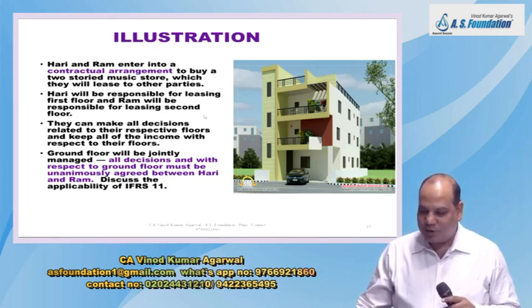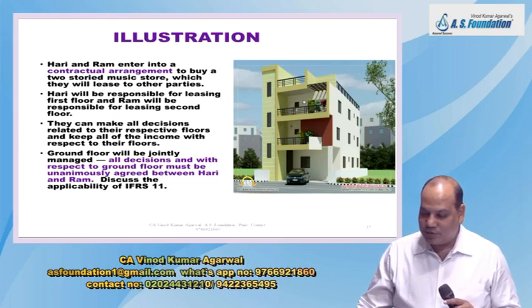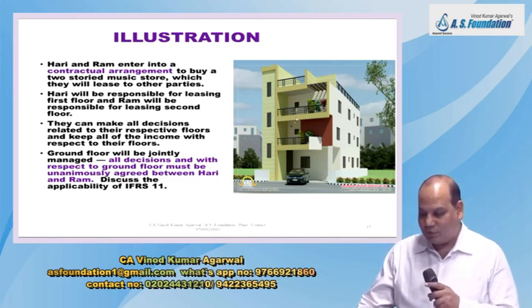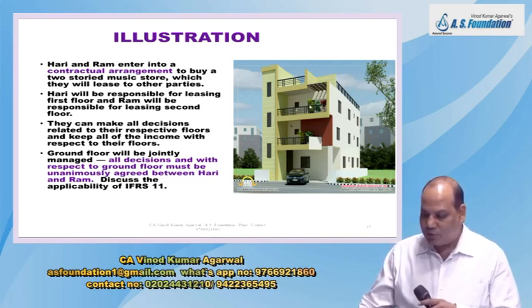Hari will be responsible for leasing the first floor. This is Hari's floor. Ram will be responsible for leasing the second floor. They can make all decisions relating to their respective floors and keep all of the income with respect to their floors. Whether first floor and second floor will come under joint control?